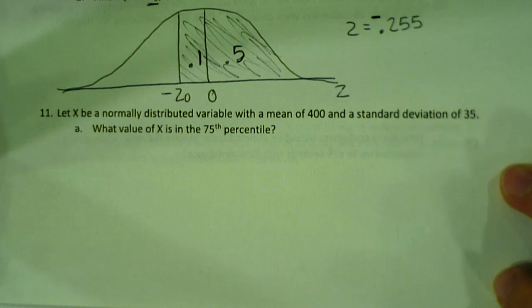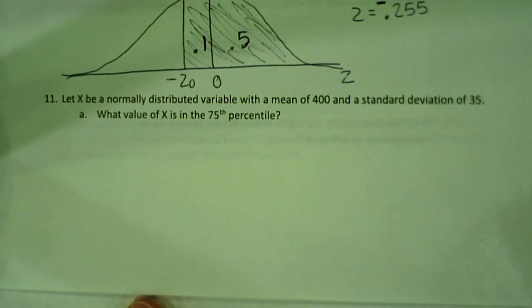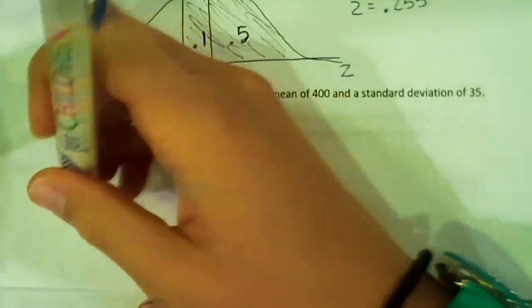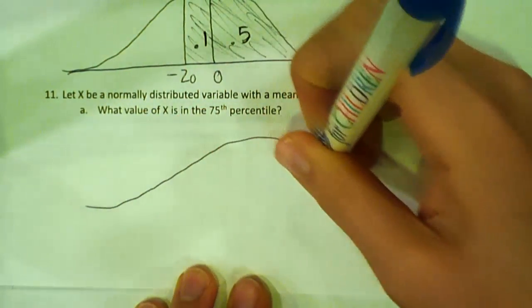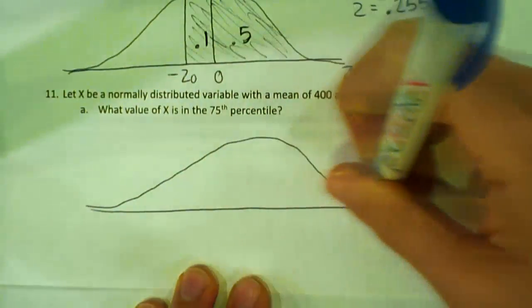Okay, so next one, let x be a normally distributed variable with a mean of 400 and a standard deviation of 35. What value of x is in the 75th percentile? So we're drawing the distribution.